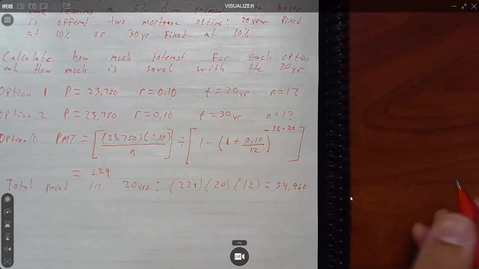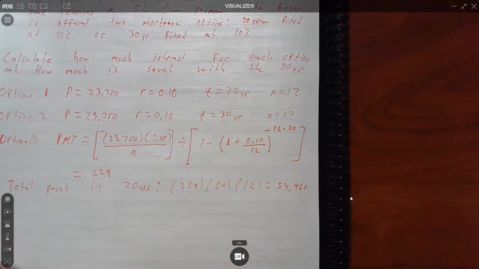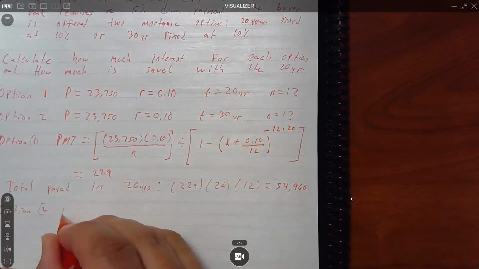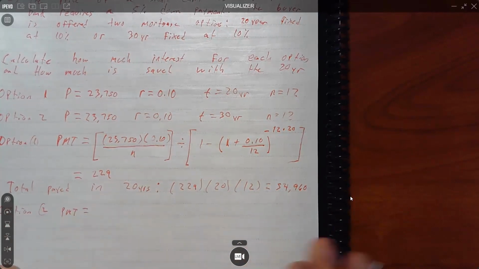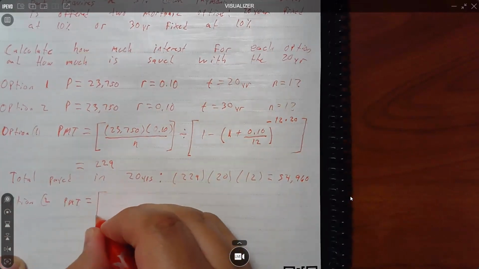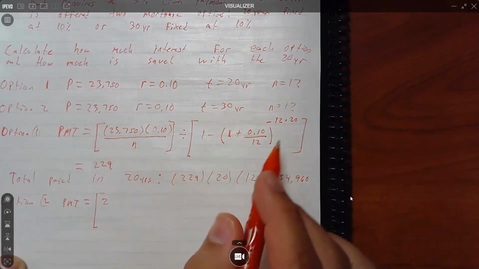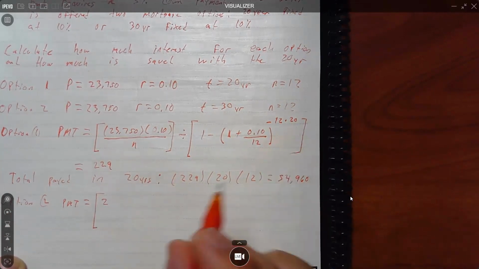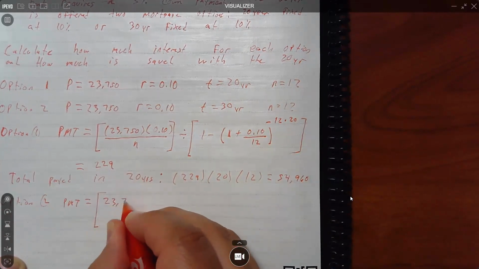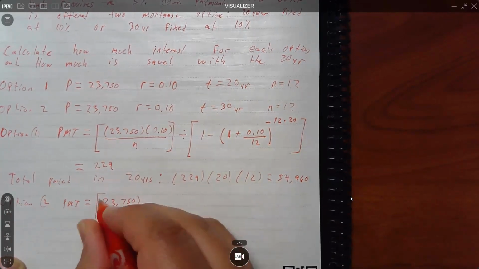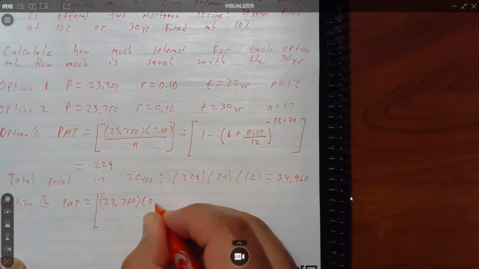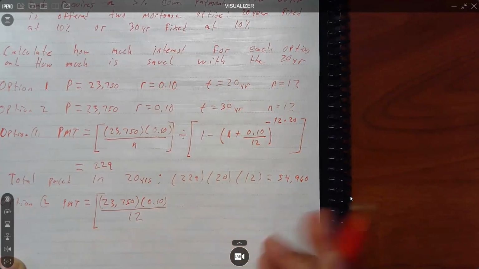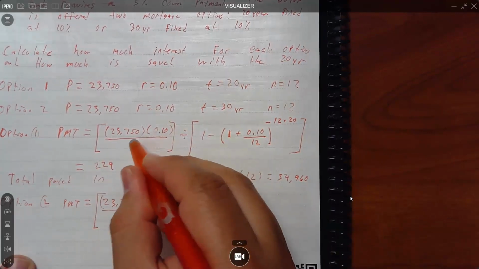Sounds about right. So I'll do the same thing again for option 2. Payment will be the exact same thing. Just change that to 30, the time. Everything else will be a copy, only because they didn't change the interest rate or anything else. Forgot to put 12 here.